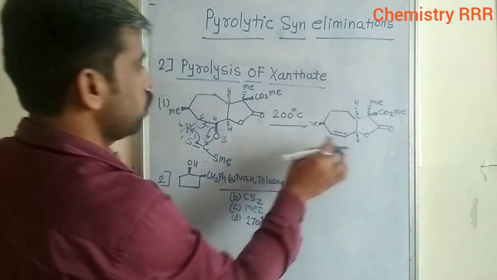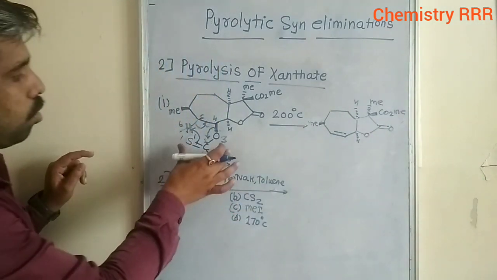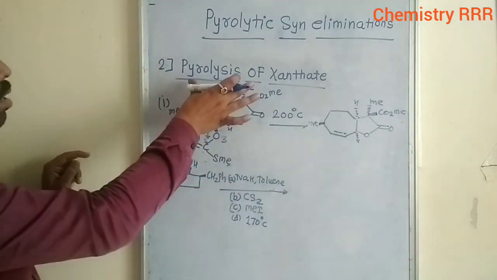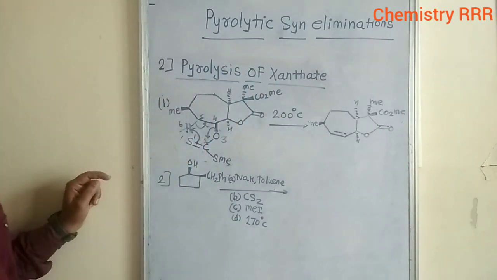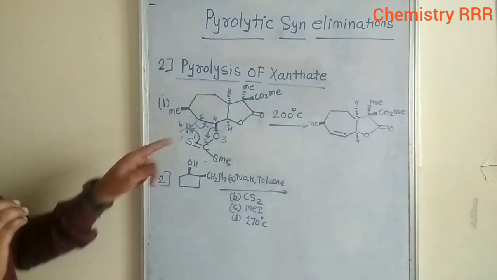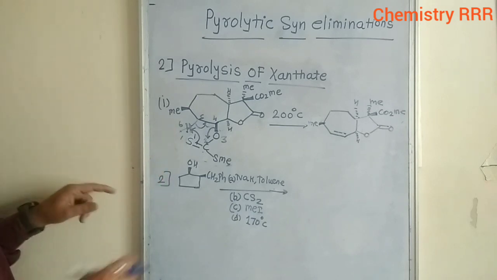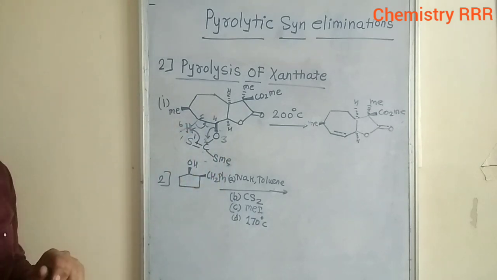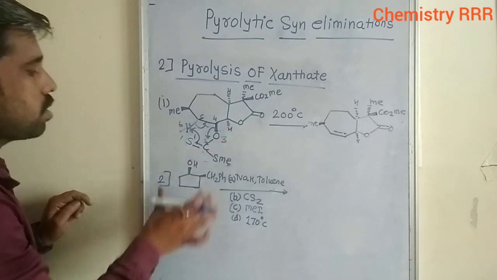Now there is an elimination of this group. It is the pyrolysis of the xanthate. It is a xanthate group, so this reaction involves the elimination of this group. Now let's discuss the second example.